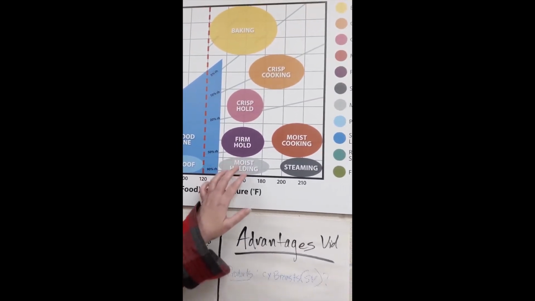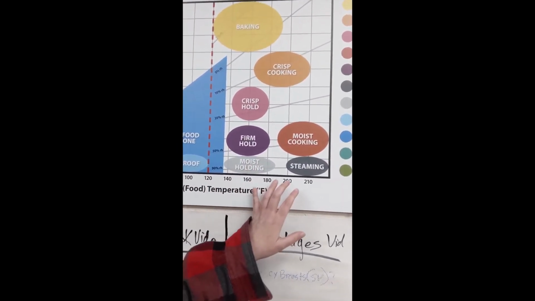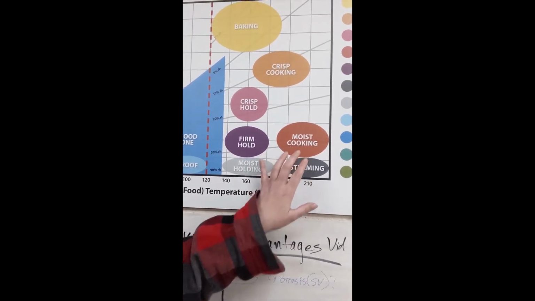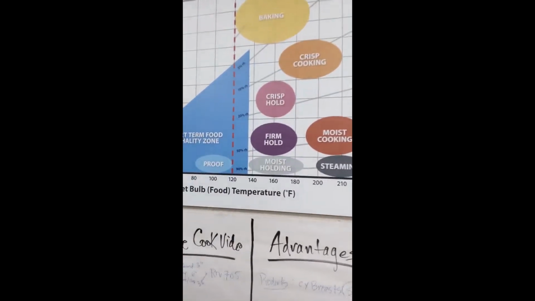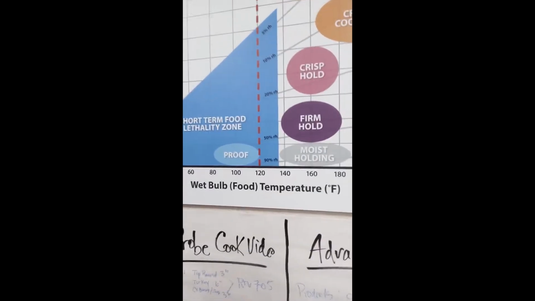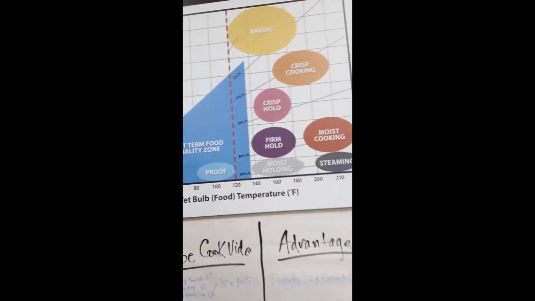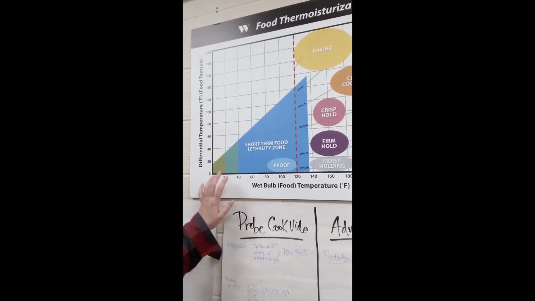Here we have, if we look at these pretty colors, on the chart proofing, moist holding, steaming, moist cooking, firm hold, crisp cooking, baking. We've got our temperature danger zone here. But really the key to all of this is understanding the X and the Y axis.